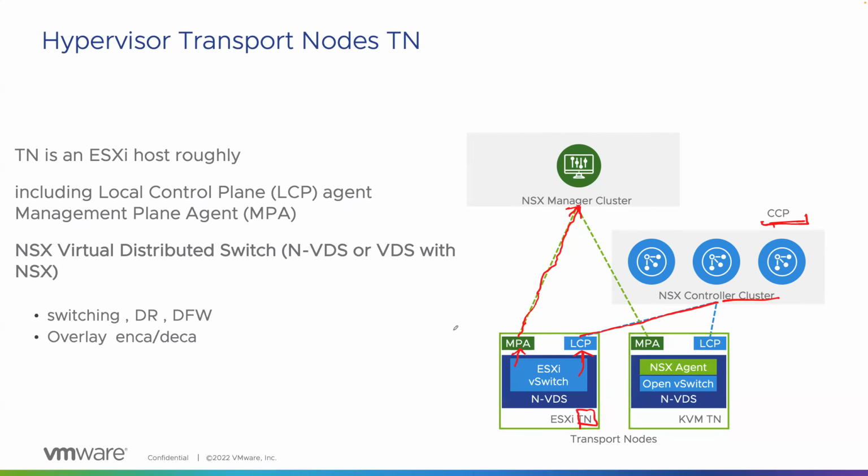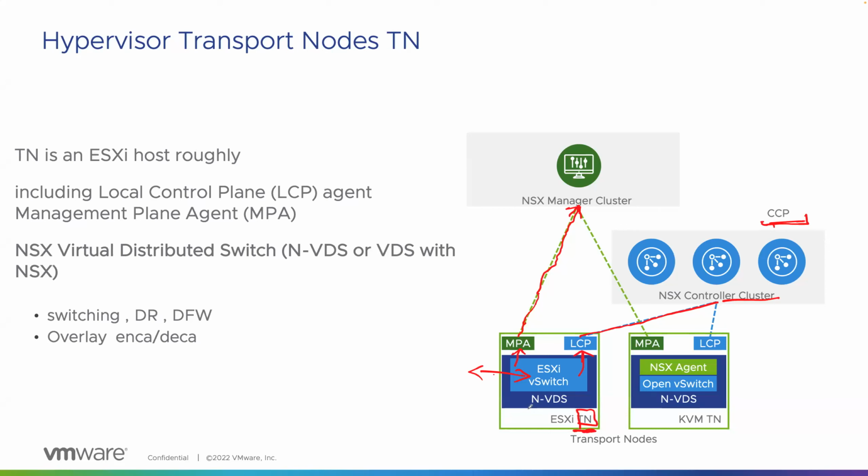And in this NSX transport node preparation, we also install ESXi virtual switches, where you can install one virtual switch, or you can install more than one virtual switch. That depends on your TN configuration.